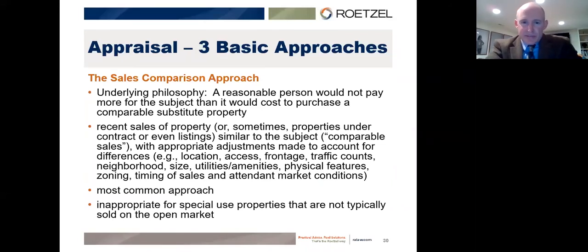And there are three basic recognized approaches to value in the eminent domain area. The first is the sales comparison approach. Anybody that's ever bought a house is familiar with this approach. This is where the appraiser goes out into the market, looks at recent sales of comparable property, and once he or she finds some, makes any adjustments that they consider necessary to make the comparable, or the comp, even more similar to the subject property that they're valuing.